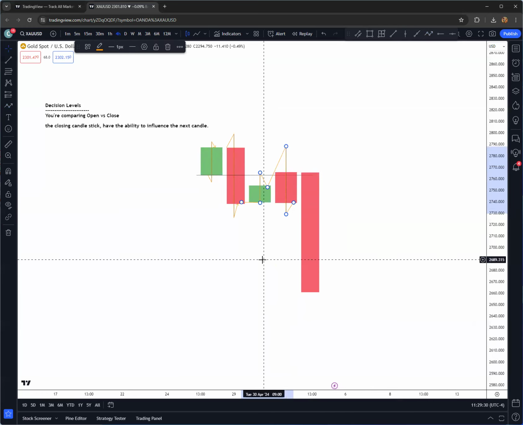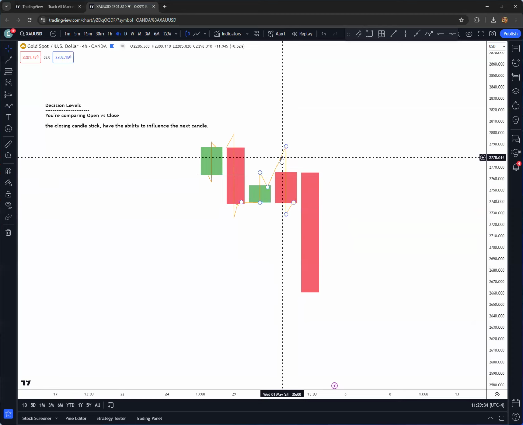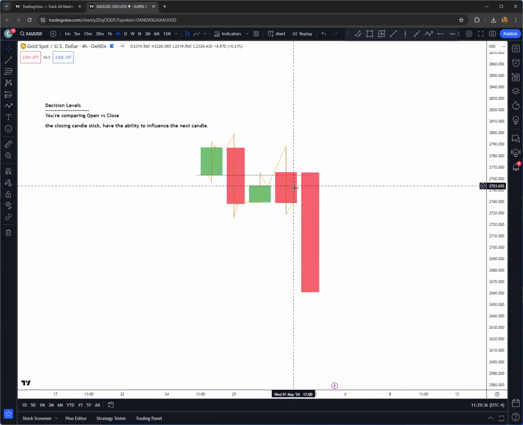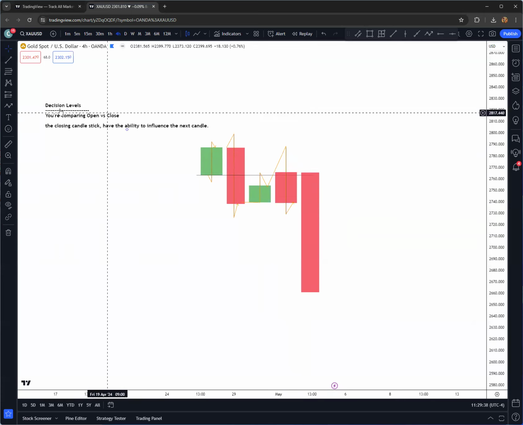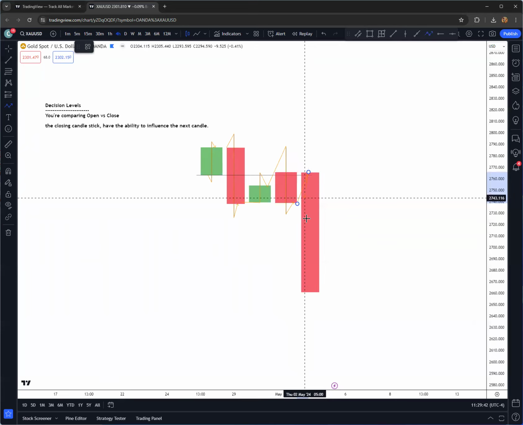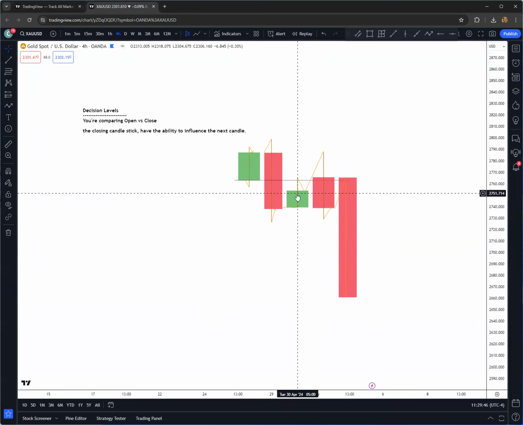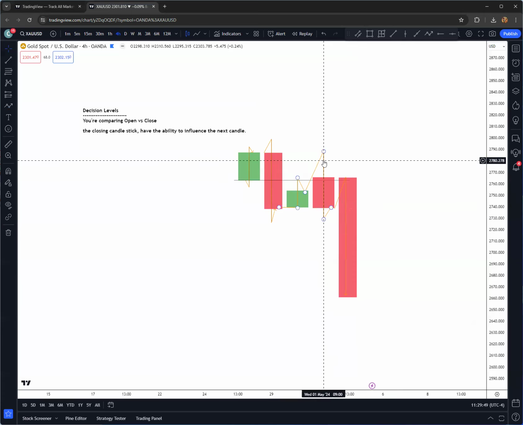Yeah, something like that. So this is a tricky, weird candle. This one here would just open up here and drop, but that's the least of the thing. All right, so get rid of this for now.